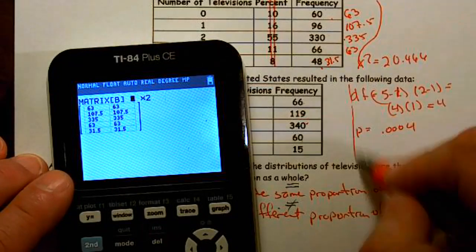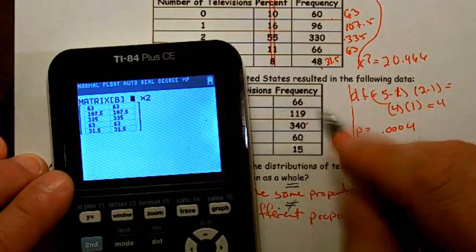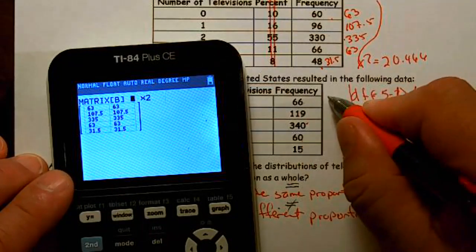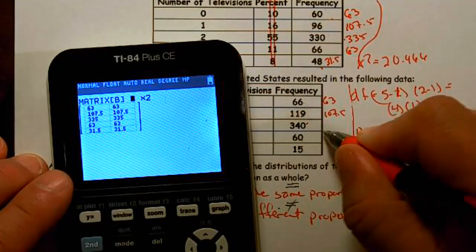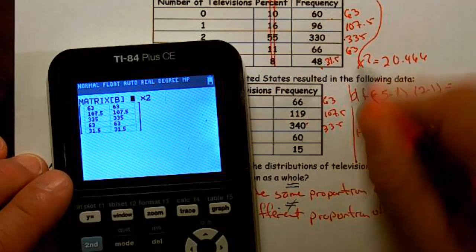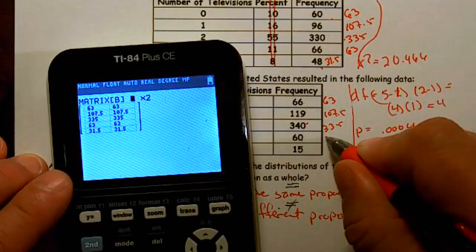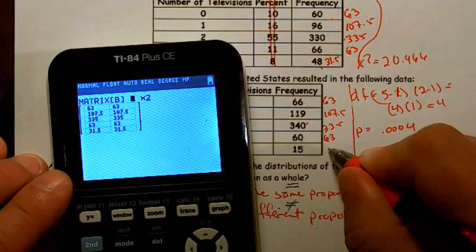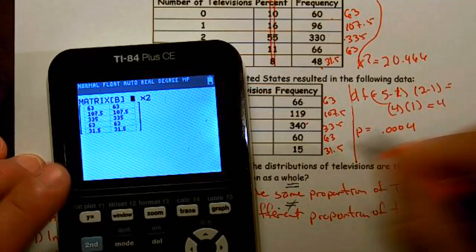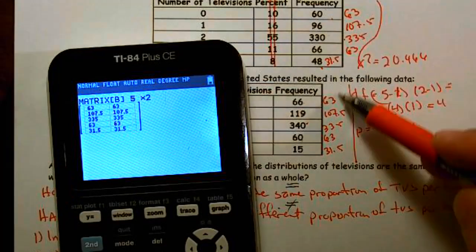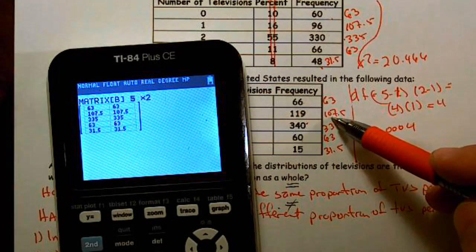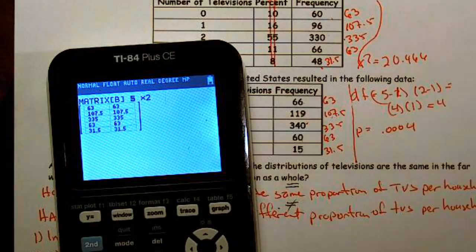For this one, I have 63, 107.5, 335, 63, and 31.5. Notice the expected values are exactly the same because I have 2 columns, and we're testing to see if they're equal.